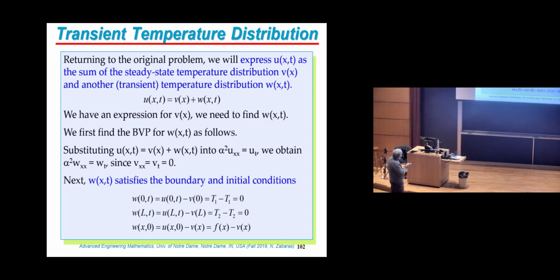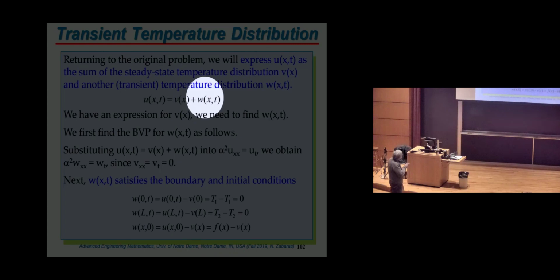So I am looking basically to add the steady state to a homogeneous problem, which I call W, so I can get the real solution. If you look at the boundary conditions, V takes care of them. So I can put zeros on W at the two ends. But the initial conditions need to be satisfied.